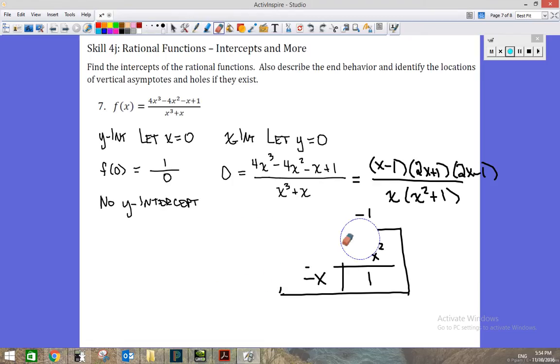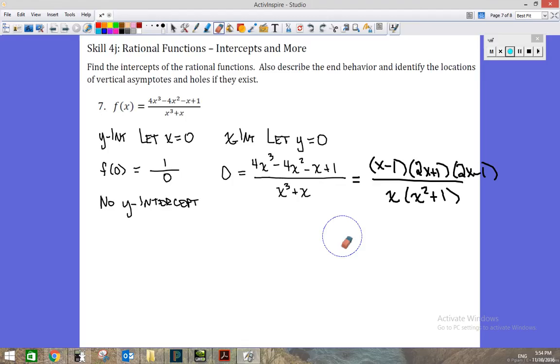Alright. So I do not see any common factors there. So if this reduces to 0, let's focus our attention on this numerator. This is going to yield 3 x-intercepts.